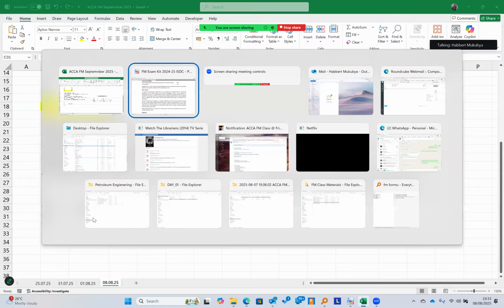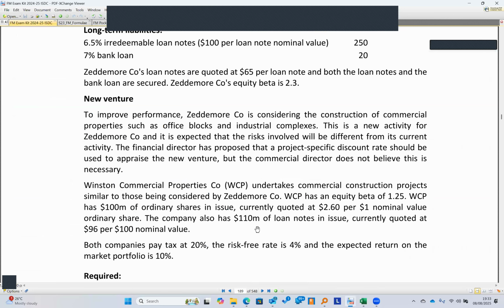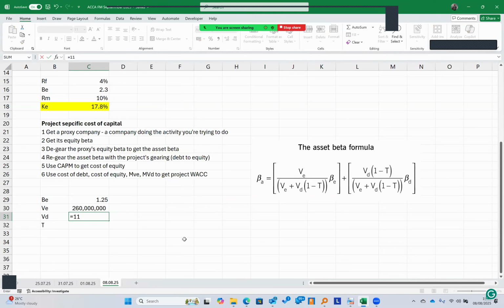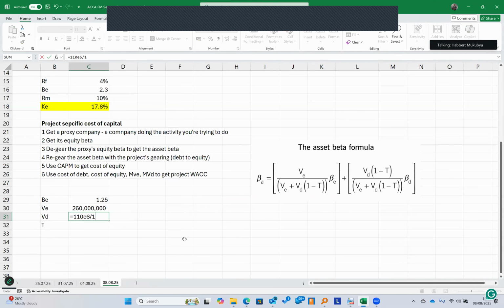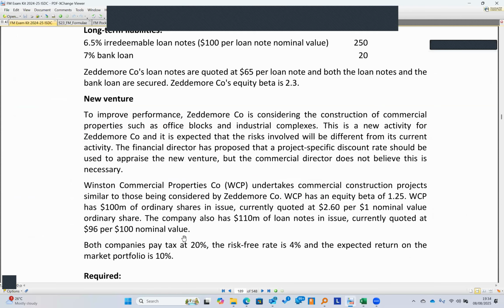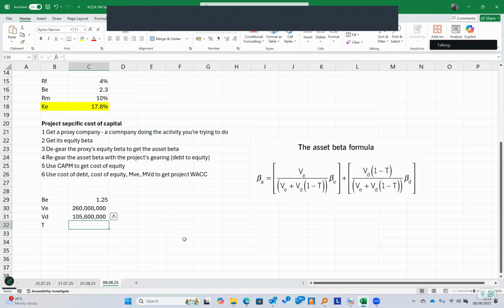Then for the value of debt, it also has 110 million of loan notes, which are quoted at 96 per 100. So 110 million divided by 100 multiplied by 96. That gives us 105.6 million.